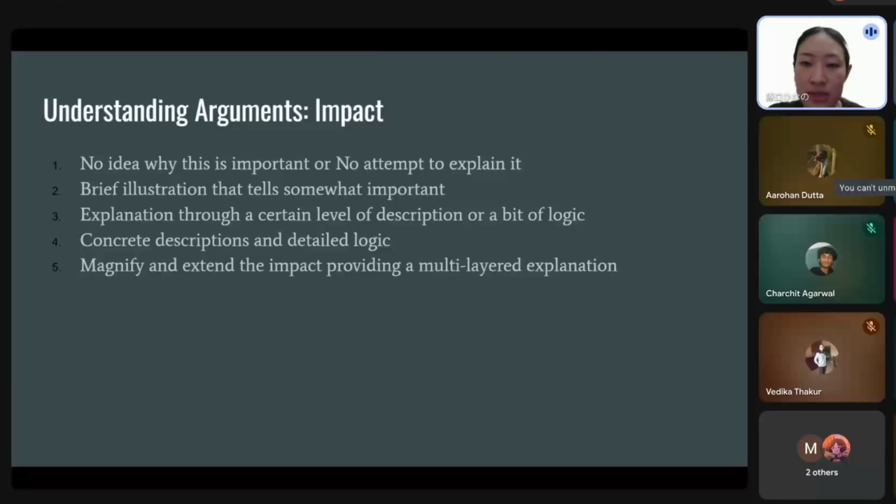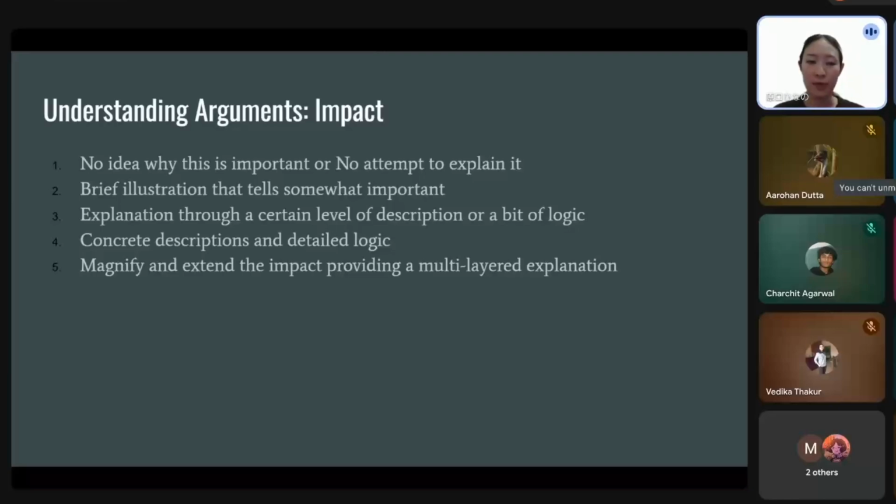The first level is concrete description and detailed logic. So for example, the pollution leads to cancer, that leads to severe health problems. Desertification deprives people of the farming place or living place, and then they'll also financially suffer by deprivation.